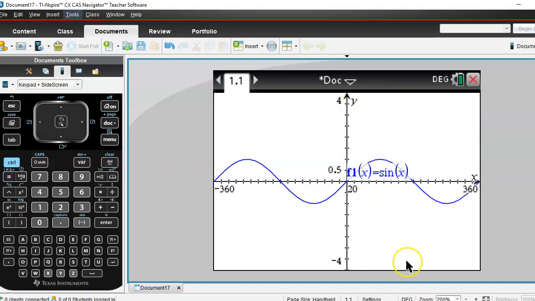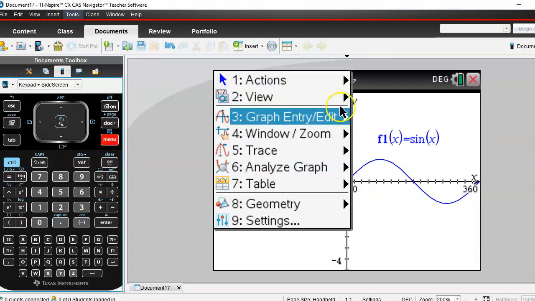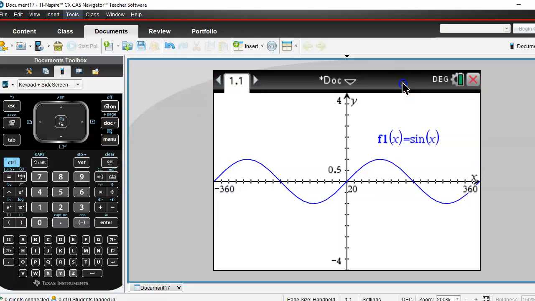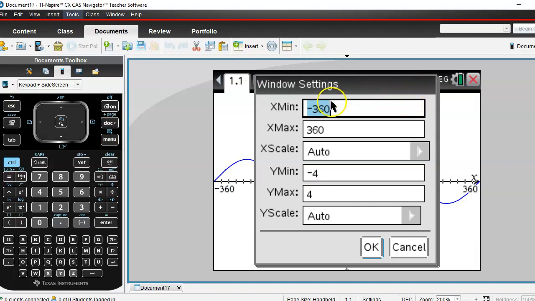Except, that might be a bit big. I don't really like all the things that are there. I had it set up so it was every 45 degrees, which makes sense. So, Menu, Window Zoom, Window Settings. Here I can set some boundaries for where I want my minimum and maximum to be, and an X scale.